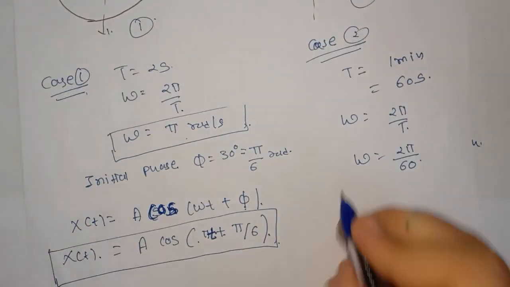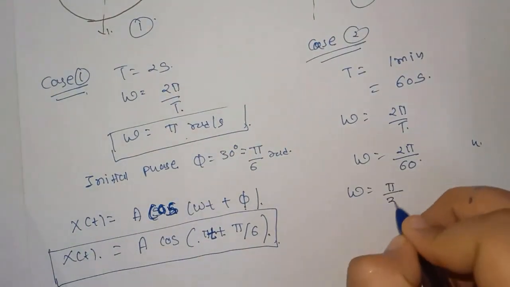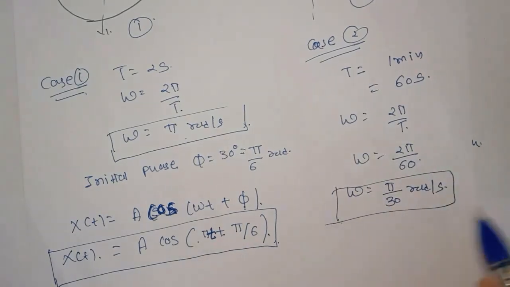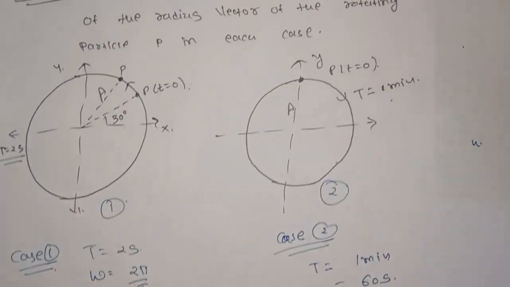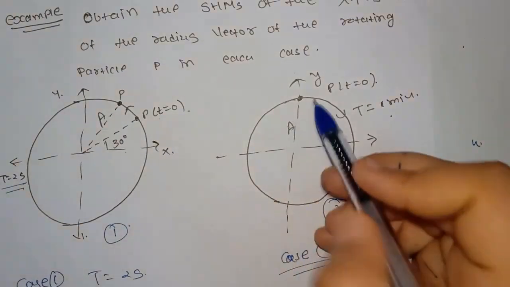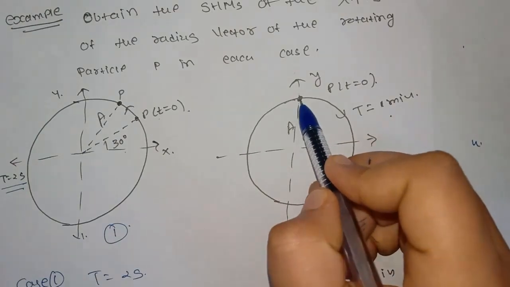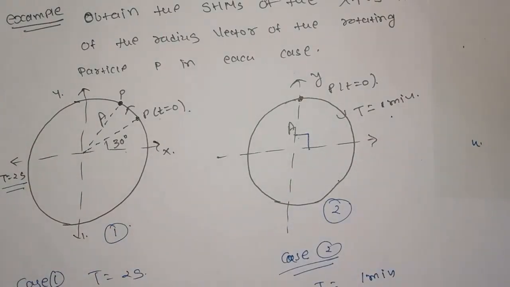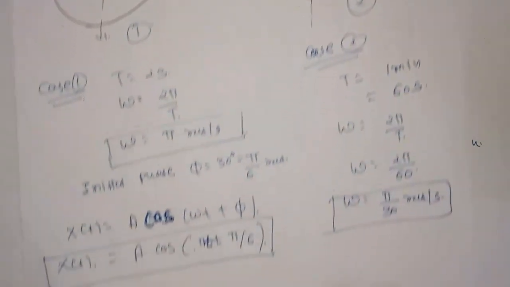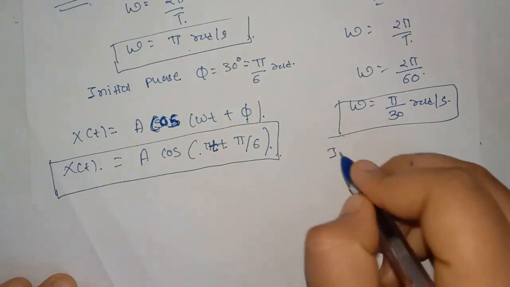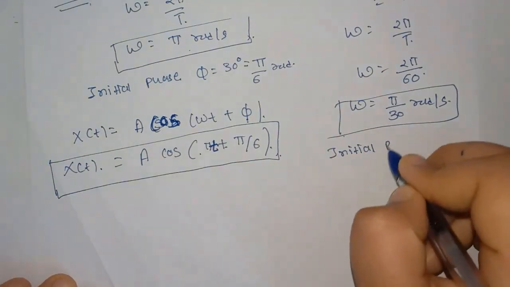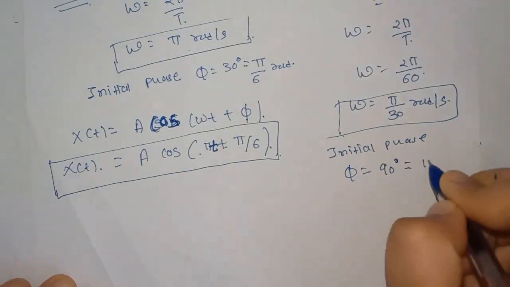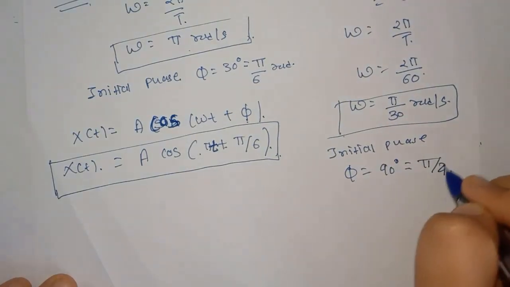So omega is equal to pi by 30 radian per second. Now, for the initial phase, we can see that at t is equal to 0, the particle is at point P, which is making an angle 90 degree with the positive x-axis. So the initial phase phi will be equal to 90 degree, that is equal to pi by 2.